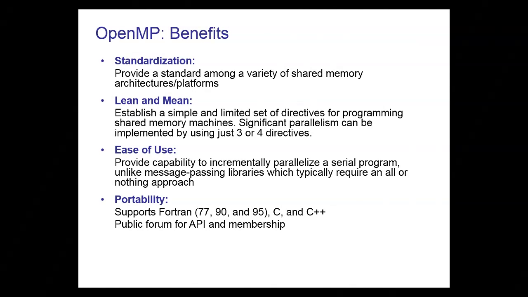And then, it's portable because it's supported for basically all Fortran code, and it's supported for C and C++ code as well. You can easily find support and the different specifications from the public forum for OpenMP. The OpenMP web page lists all the specifications.